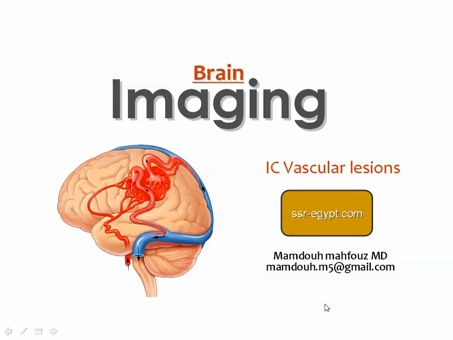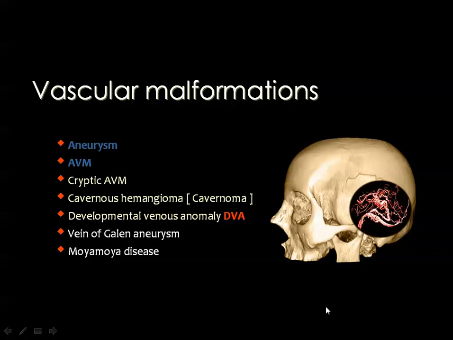Actually, we will handle these specific topics, including the imaging of the aneurysms, arteriovenous malformations, cryptic arteriovenous malformation, the imaging of cavernous hemangiomas or the cavernomas, the diagnosis of developmental venous anomalies, and the diagnosis of the aneurysm of the vein of Galen, and finally we will discuss the moya-moya disease.